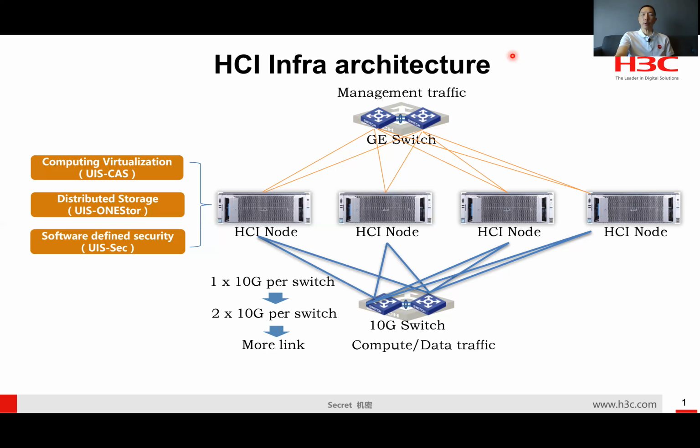So this is the hyperconverged infrastructure. You see the virtualization, the computing, and the storage are concentrated in one node, and the network depends on the external switch to connect. So the sizing is quite simple, from 2 nodes up to 64 nodes.